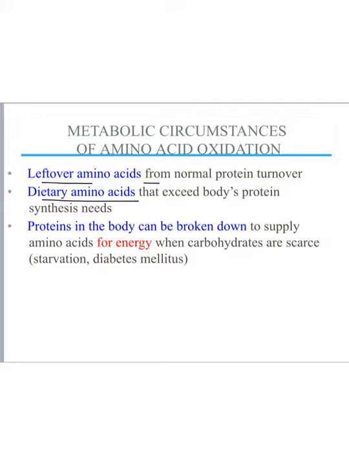You can also have, again, during cases of starvation or severe diabetes, those proteins breaking down as a fuel source where we're using the amino acids for energy. So this is the source of the amino acids that we are breaking down, that we're oxidizing, that we're talking about in this chapter.